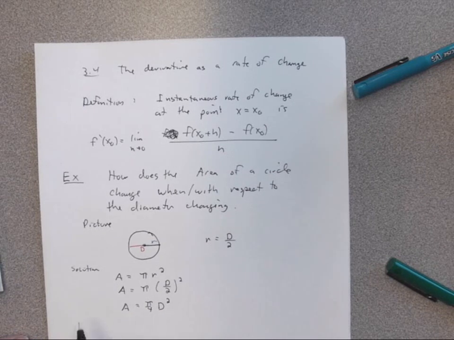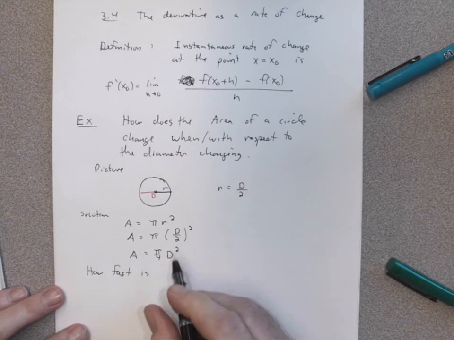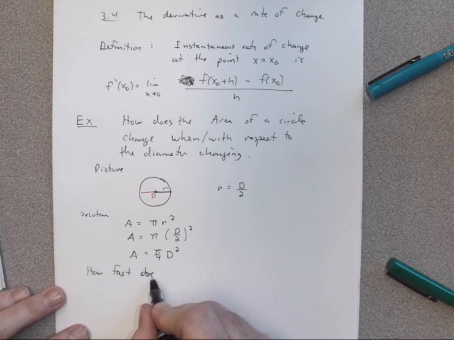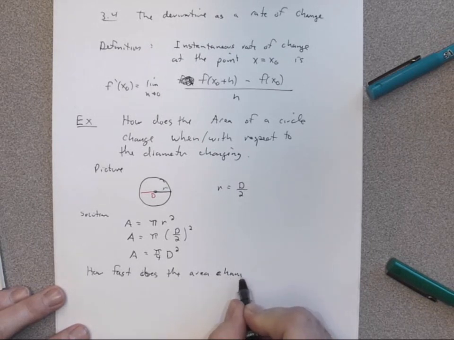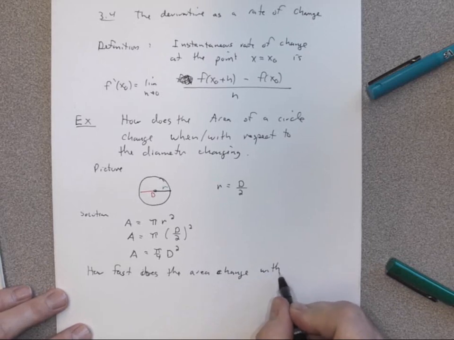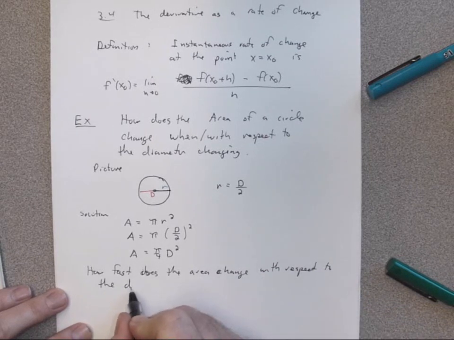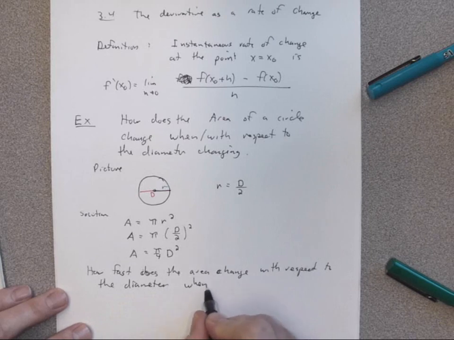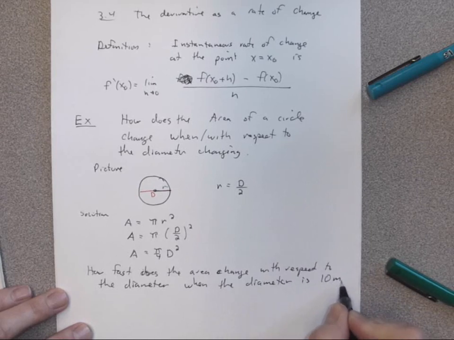So what my question is going to be is how fast does the area change with respect to the diameter when the diameter is 10 meters.